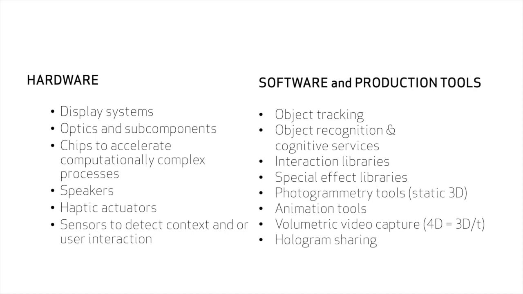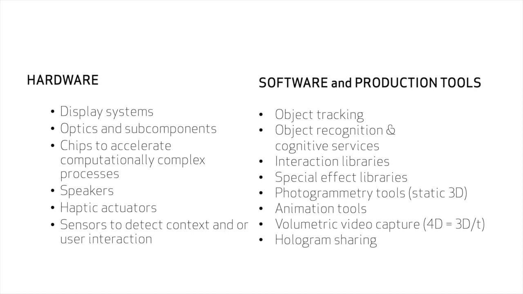The way that cameras and depth cameras today are manufactured is going to change over the coming years with new technologies emerging. There are chips available for hardware acceleration of computationally complex processes. The HoloLens, for example, is very well known for making good use of hardware to accelerate some of the computationally complex processes.